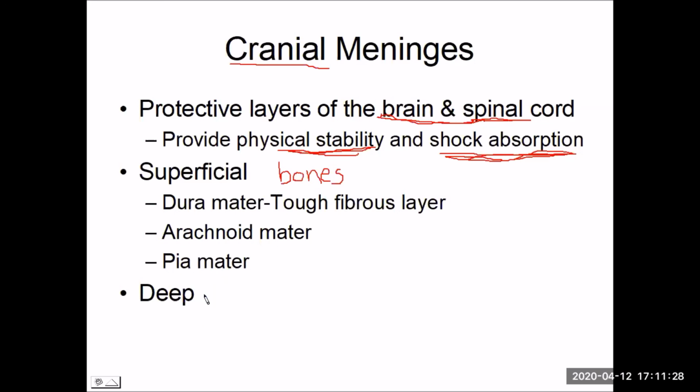This is now the layer of meningeal tissue that's directly connected to the brain and directly bonded onto the brain. So we have that order from superficial to the deep, pia mater, which is ultimately connected to the brain.